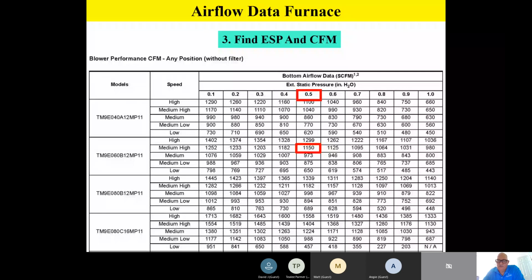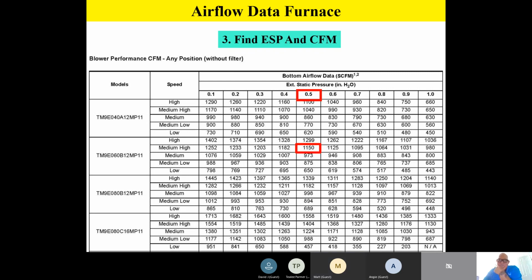I then come down the 0.5 column until I intersect the medium-high speed tap for that furnace, and that tells me how much airflow I'm actually moving in that example. Any questions or comments on utilizing the furnace airflow chart before we do some examples together?